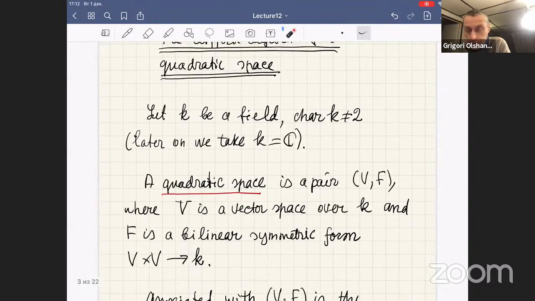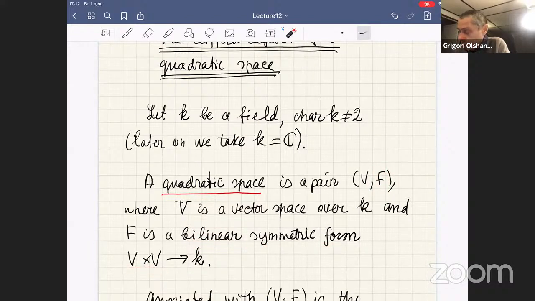So what is a quadratic space? A quadratic space is a couple (V, F). V is a vector space over our base field, assume for definiteness that it is finite dimensional. It's not very important, but we need only finite dimensional spaces. And F is a bilinear symmetric form on the space.